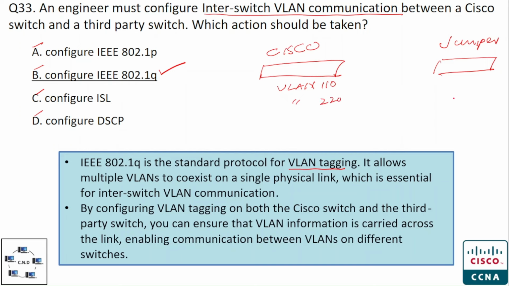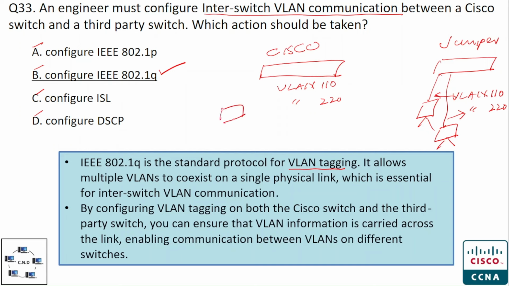Similarly, we also have two VLANs over here, VLAN 110 and VLAN 220, and we have different devices connected to these VLANs. Let's suppose this device is connected to the 220 VLAN and this is connected to 110.